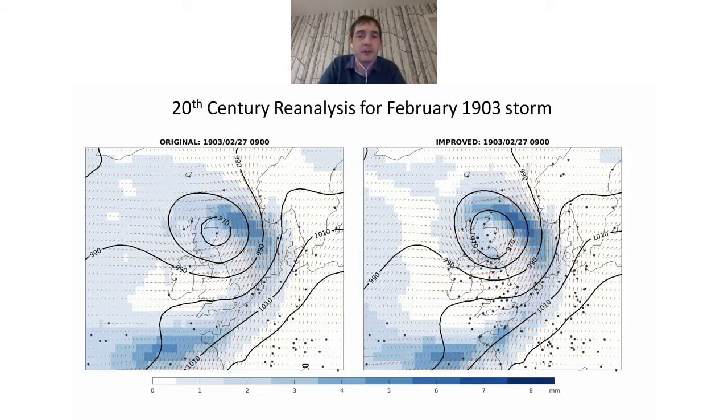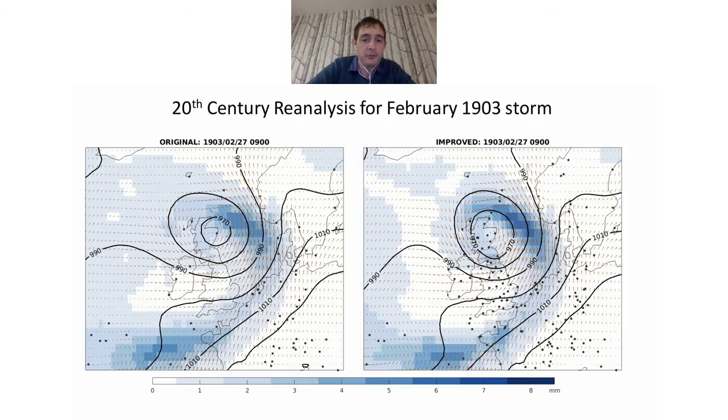So this is a snapshot of our reanalysis for this storm in 1903. On the left, we have the picture I showed originally, showing the storm over Scotland on the morning of February the 27th, 1903. It's around about a 966 millibar depth storm.